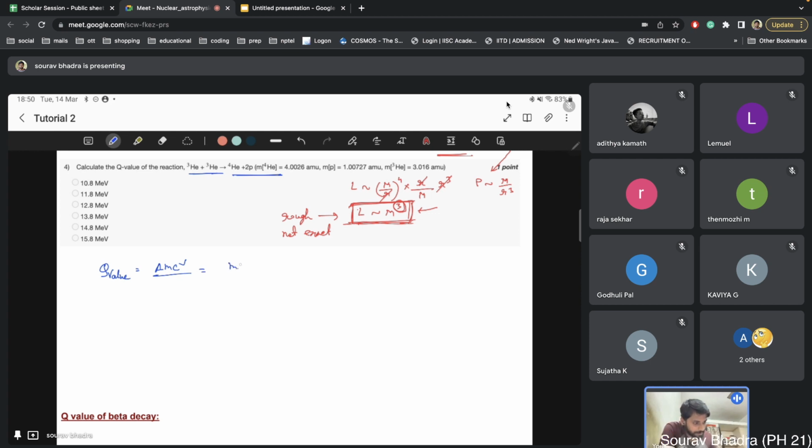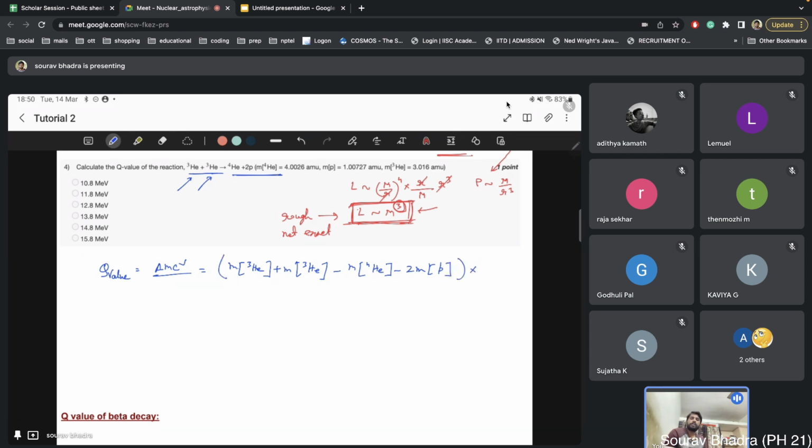Mass of 3He plus mass of 3He, because 2 3He are there, minus mass of 4He minus 2 times mass of protons. Two protons are there, times c square.